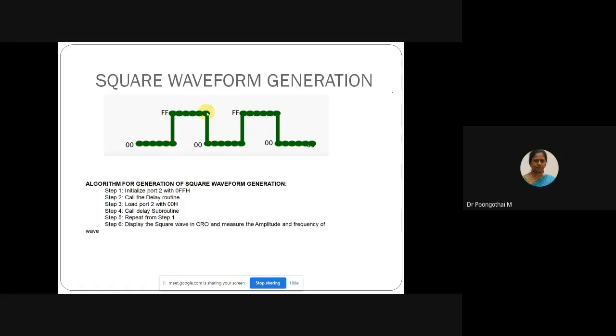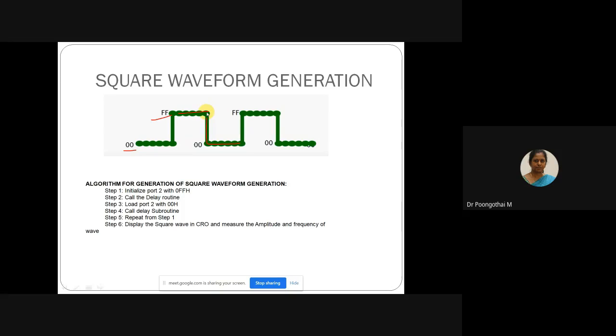In the square wave, we have to form the waveform like this. We have to send the value 0, 0 and then send FF to the DAC. So that is the logic. For some time, send FF. After that, you have to send 0, 0.